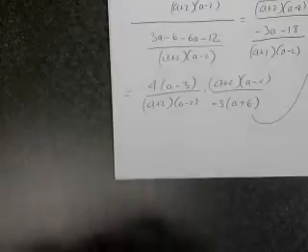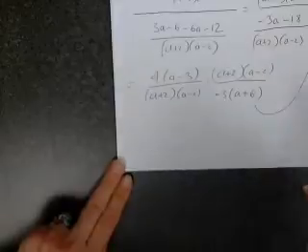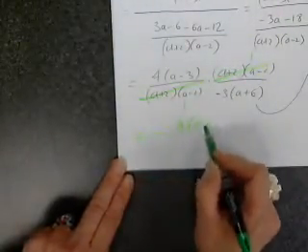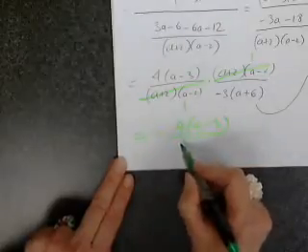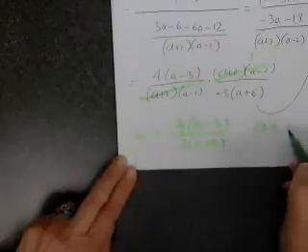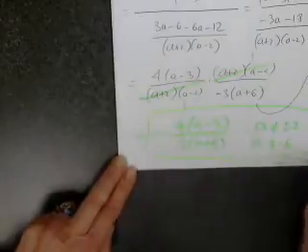Is there anything I can get rid of? I really hope so. So negative 4a minus 3 over 3a plus 6, with the restrictions that a cannot be plus or minus 2 and a cannot be negative 6.